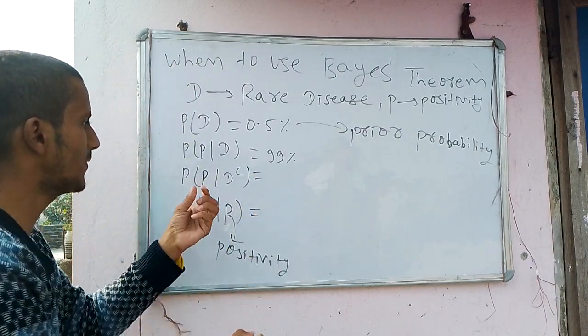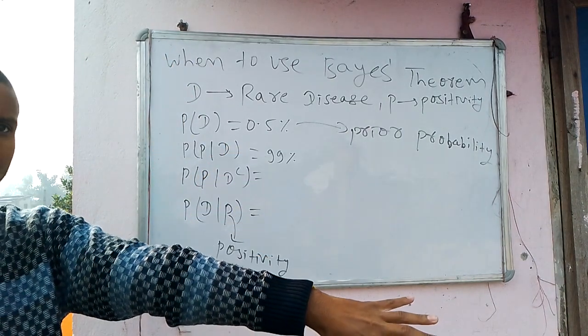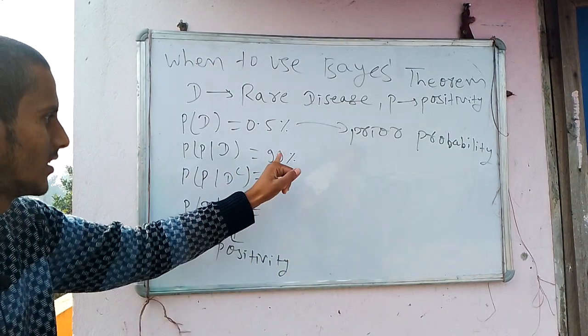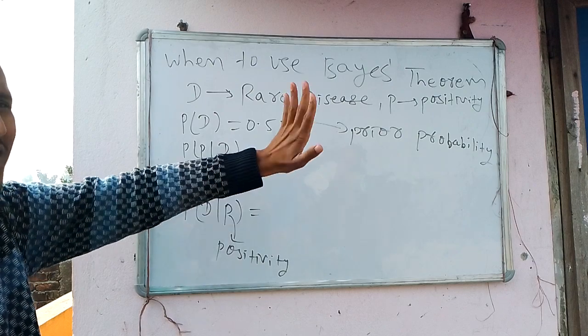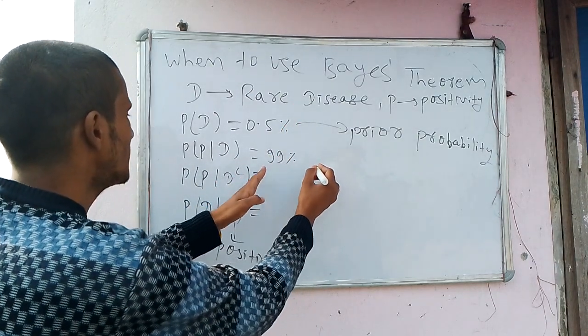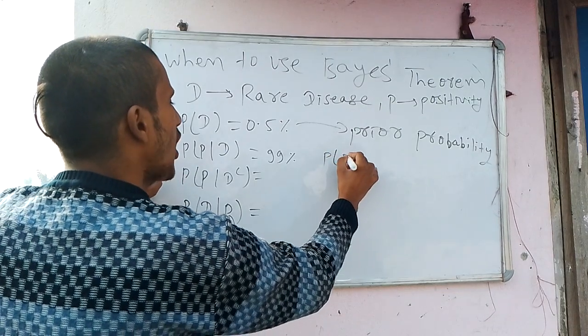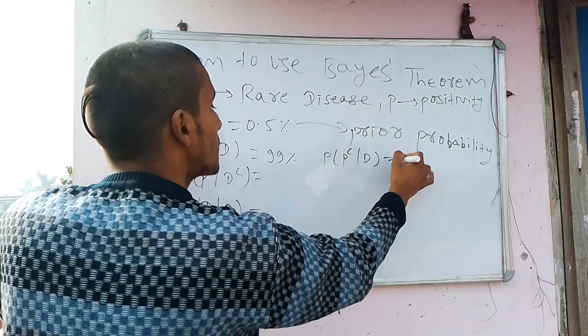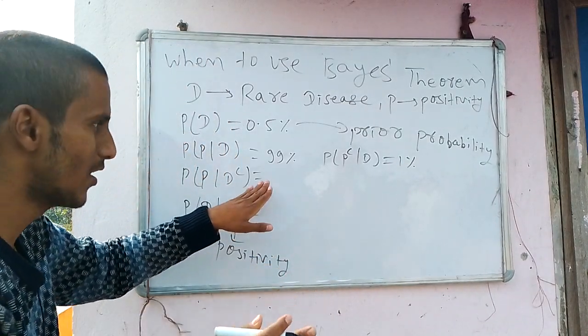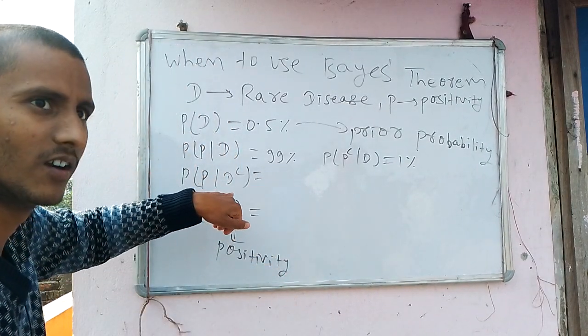Then among the people who don't have the disease, this is not 1%. If it is 99, this is not going to be 1%. What is 1% is the probability of P complement given D. This is 1%. From this you do not get the other figure.